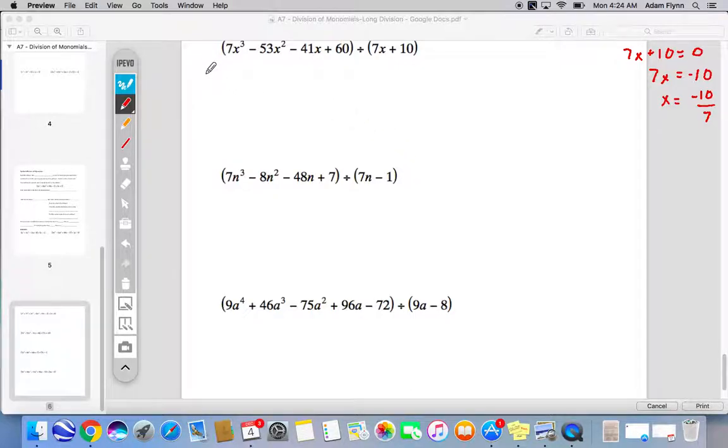Okay, so in my box I have negative 10 divided by 7. Then my coefficients are 7, negative 53, negative 41, and 60.